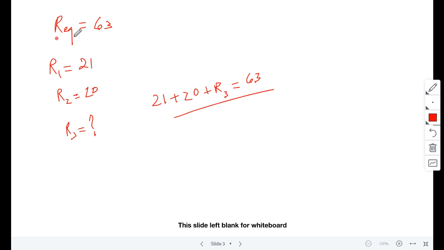See, R equivalent means a resistance which is equal to all these three resistances. Okay? Which means if you add three resistors, a single resistor can do the work which all these three are doing.